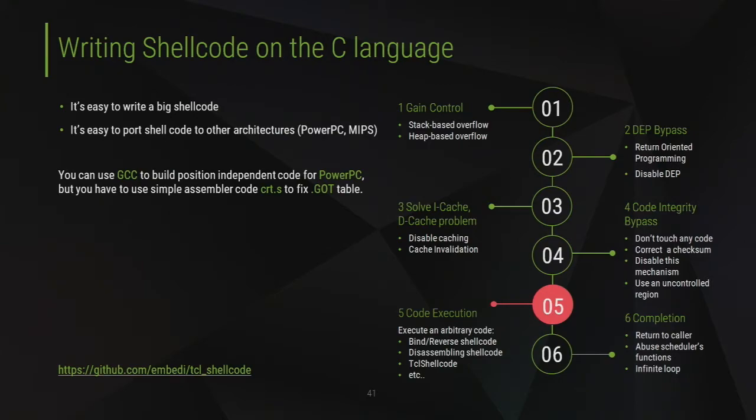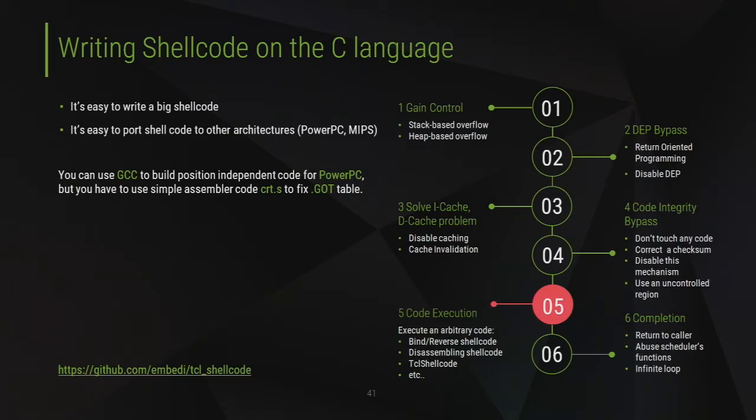Now it's time to talk about the payload. Whatever shellcode you decide to implement, we recommend that you develop it in C language. This simplifies the development of large shellcode and makes it portable to other CPU architectures. Especially for this, we have developed a template for shellcode which you can download from this link.